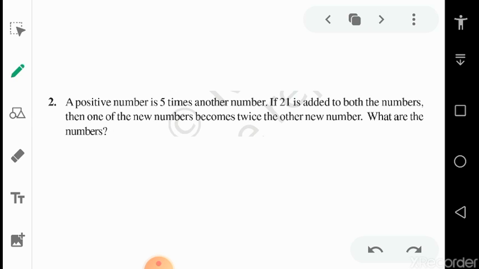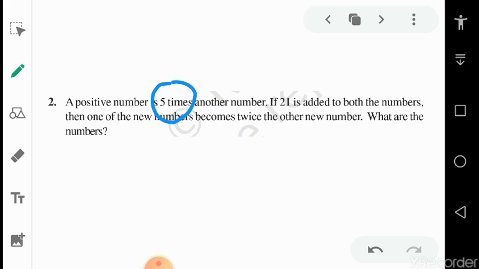Now a question is, a positive number is 5 times another number. Here the meaning of 5 times is multiply by 5. If 21 is added to both the numbers, then one of the new numbers becomes twice the other new number. What are the numbers?